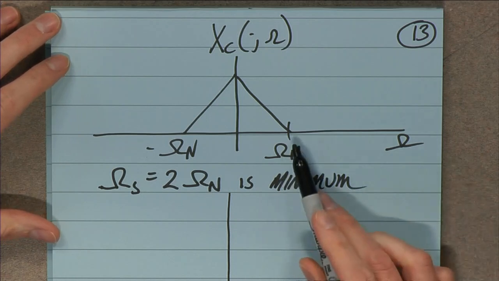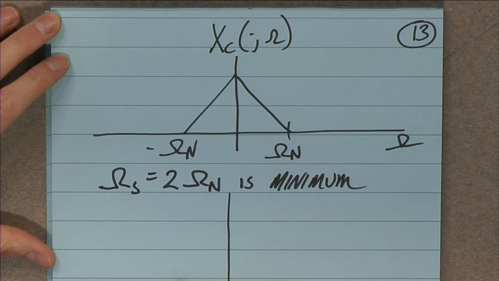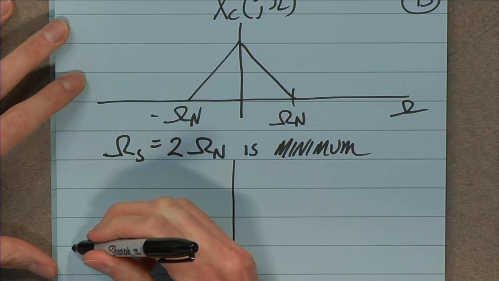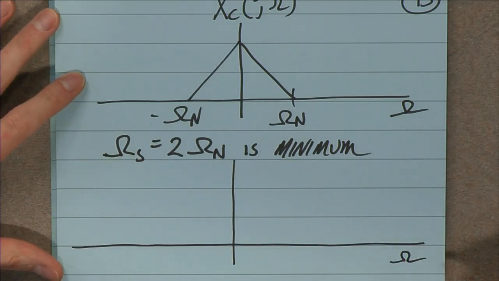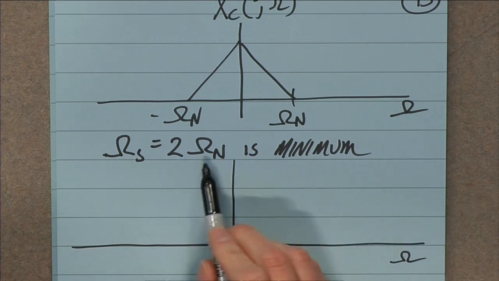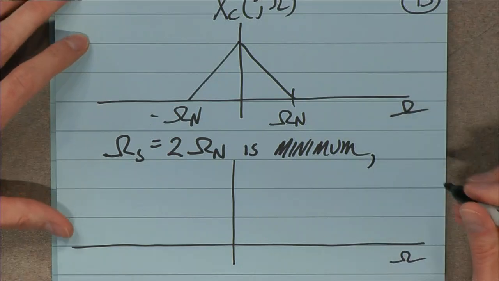So if that's the case, let's see, I want to draw this on the same scale here. And we want omega_s over 2, since that's the minimum. What does that mean?